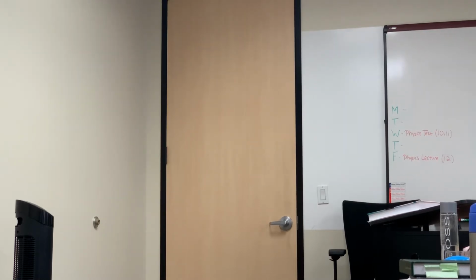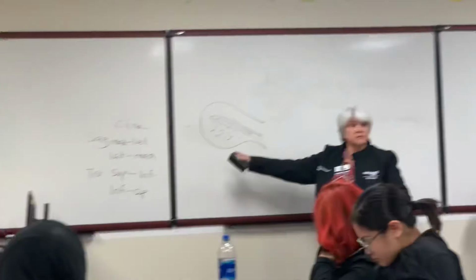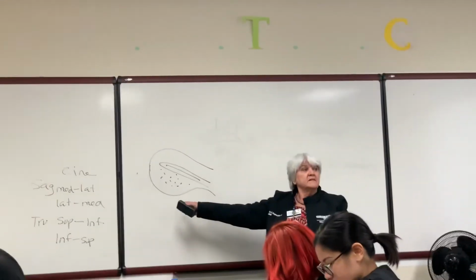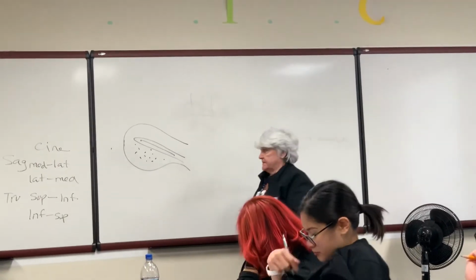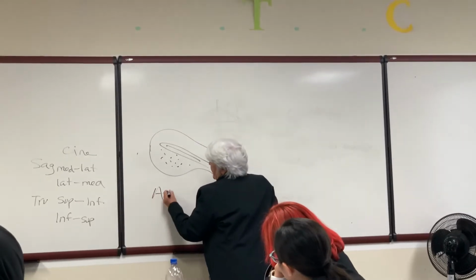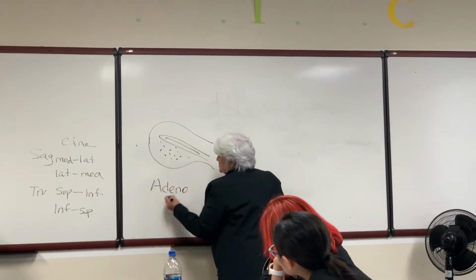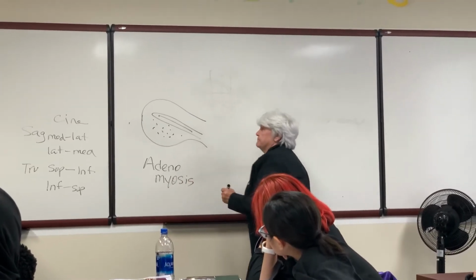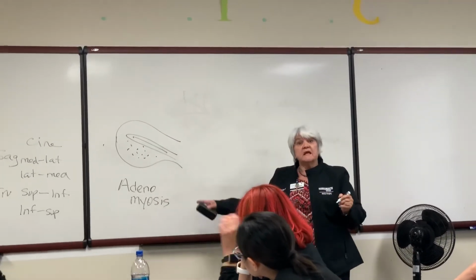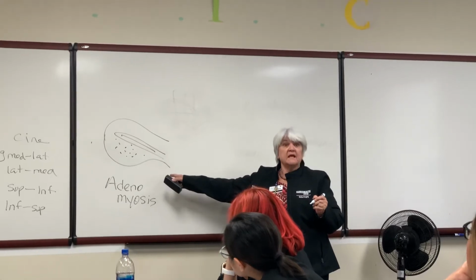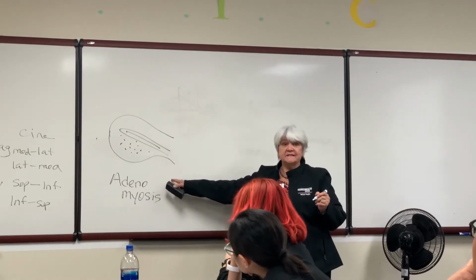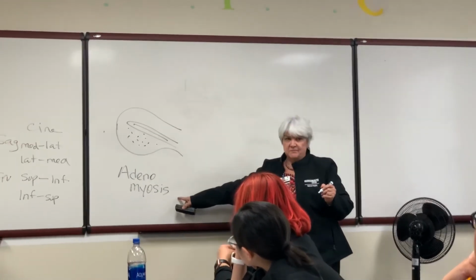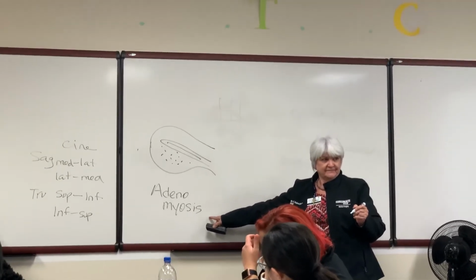When you're looking at a sagittal uterus and you see myometrial cysts, that's adenomyosis. In other words, if you see a fibroid and you turn on it and it disappears, it's adenomyosis.